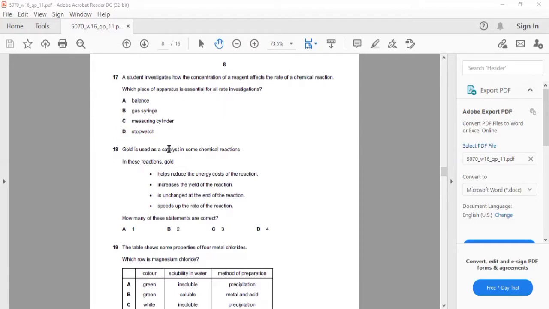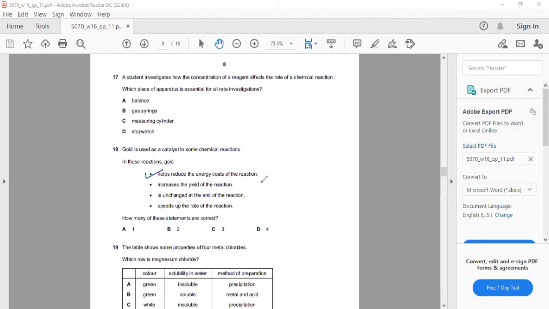Number 18. Gold is used as a catalyst in some reactions. In this reaction, gold helps reduce the energy cost of the reaction. Yes, because all catalysts usually reduce the energy cost, as they save fuel cost.